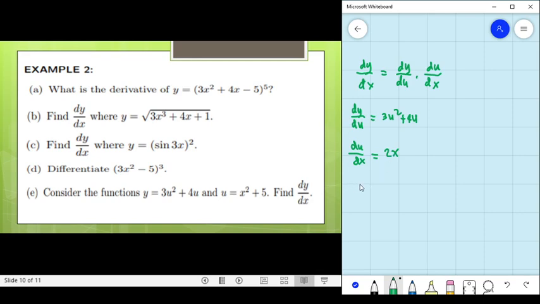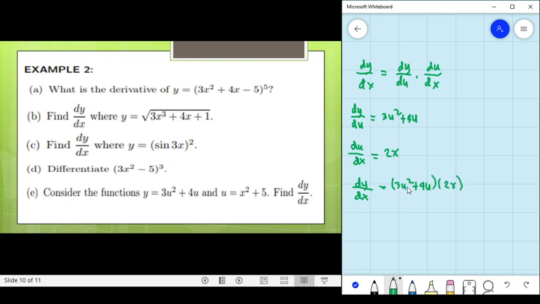So dy over dx is equal to 3u squared plus 4u times 2x.